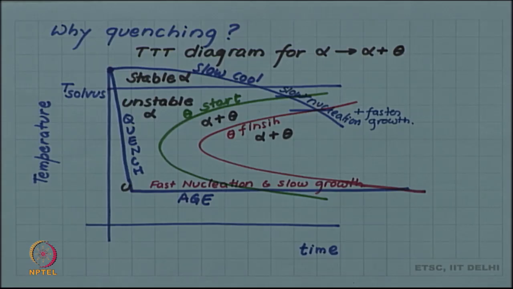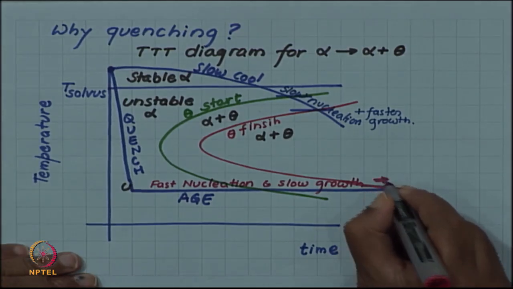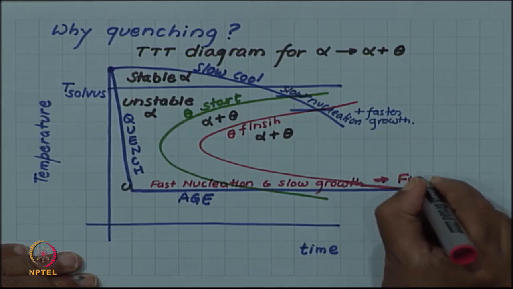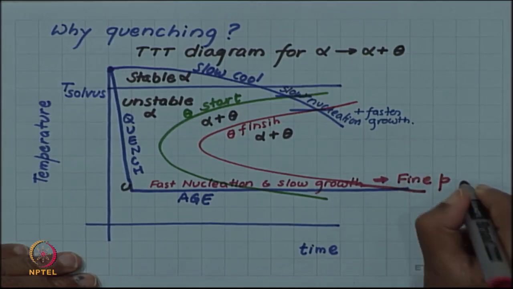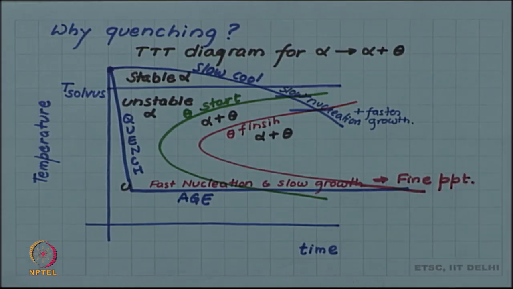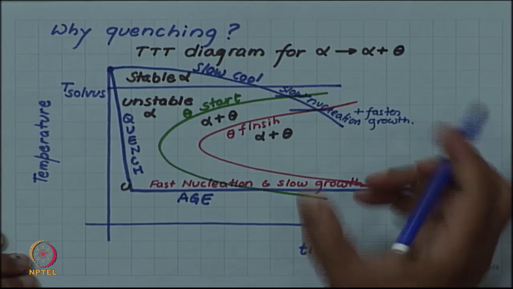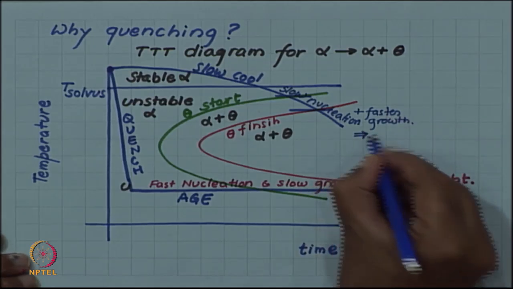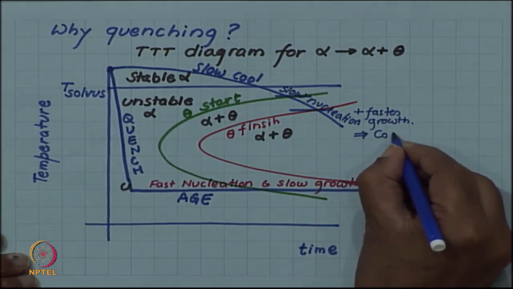The resulting distribution will be fine precipitates. Whereas, here the resulting distribution will be coarse precipitate.